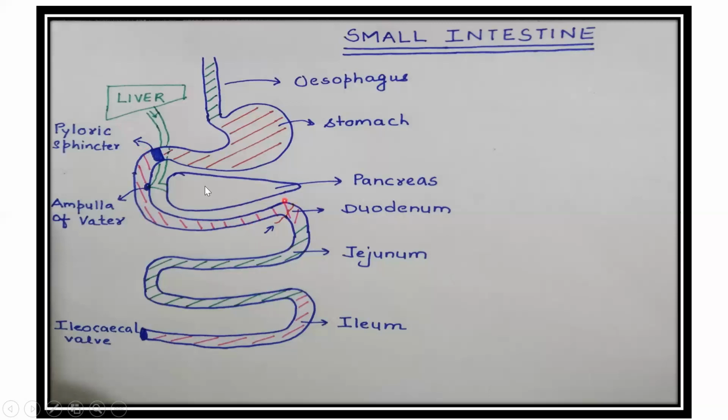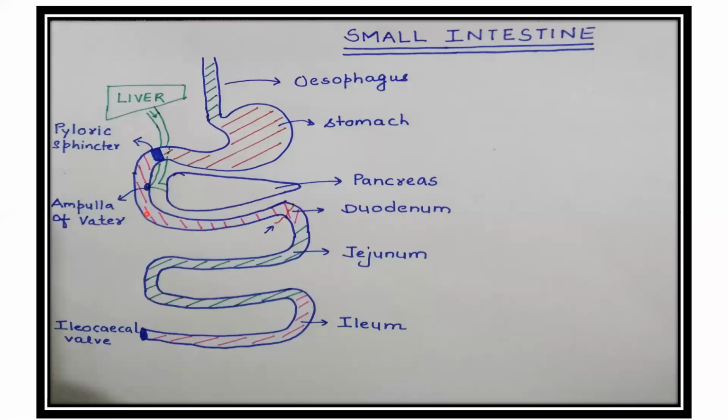Now, the superior part is the portion that receives the acidic chyme. So it becomes one of the most probable sites to develop a peptic ulcer. This portion is also known as duodenal cap or duodenal bulb.